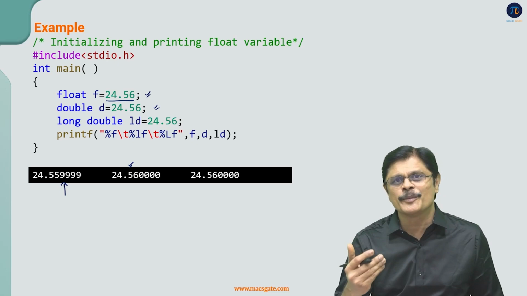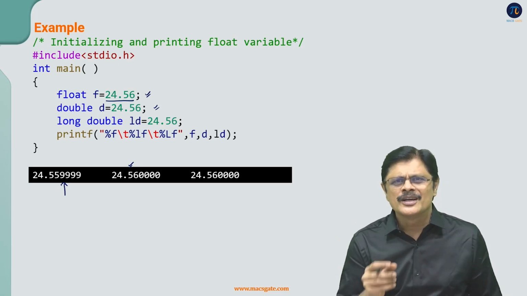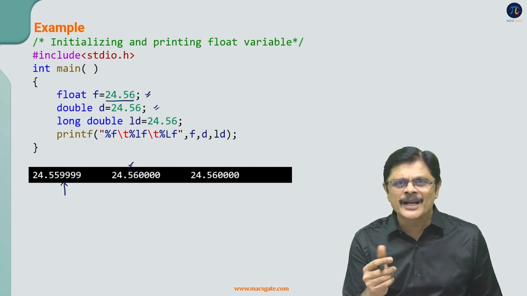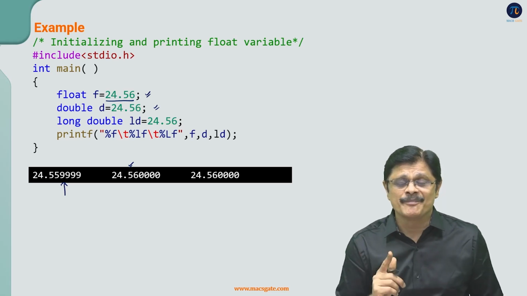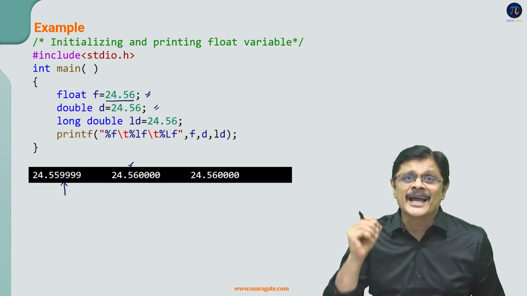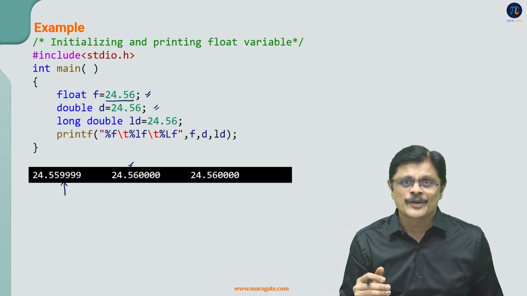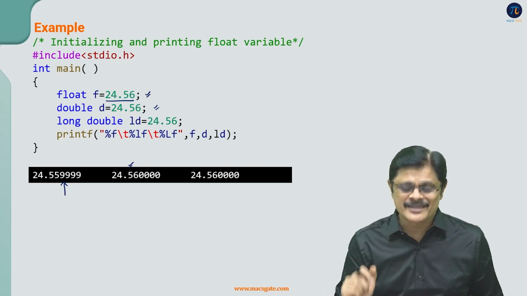In some compilers you may find 24.56 also. So it may slightly vary from compiler to compiler. That's why we don't even compare float values, because we will not store the value exactly like integers. So it depends on compilers.